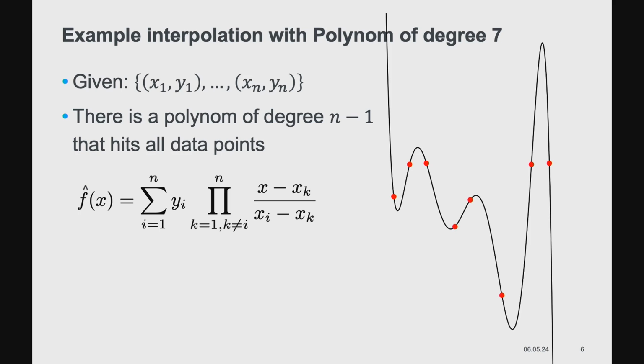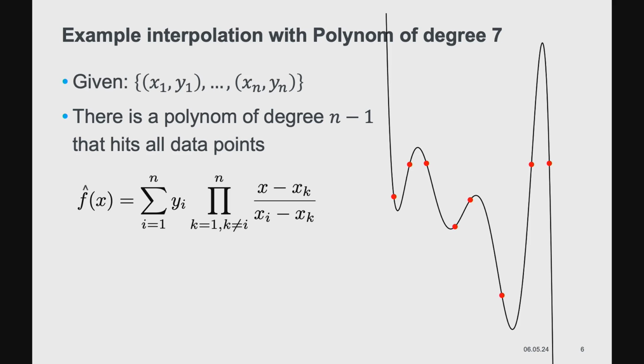And as you add more data points, more observations, the formula gets more and more complicated. And because of the oscillation, it's unlikely that you will do a good job in predicting the function. Because usually your underlying assumption in machine learning is that your function should be rather smooth and not oscillate wildly in all the different directions.